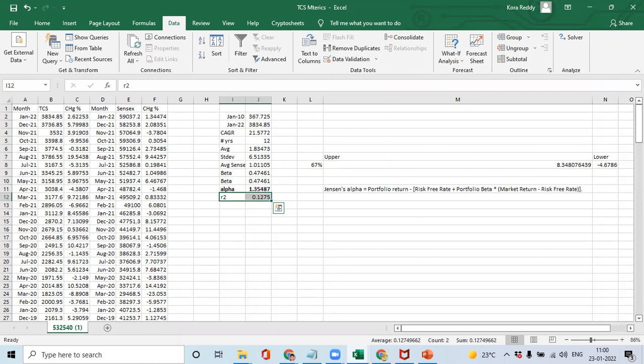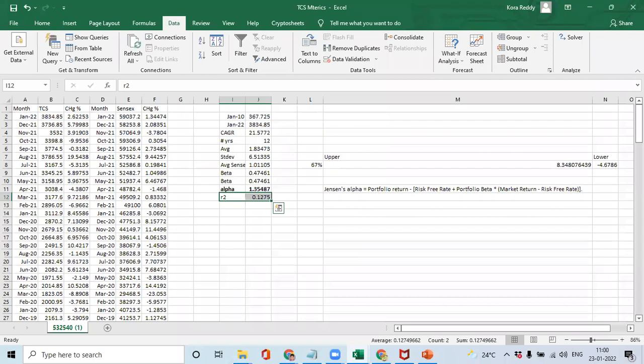Now, in this case, my R2 is what? 12%. So I'm doing something not related to Sensex, right? Because only 12% of the time am I mimicking Sensex. The rest of the 88% of the time I'm doing something different.